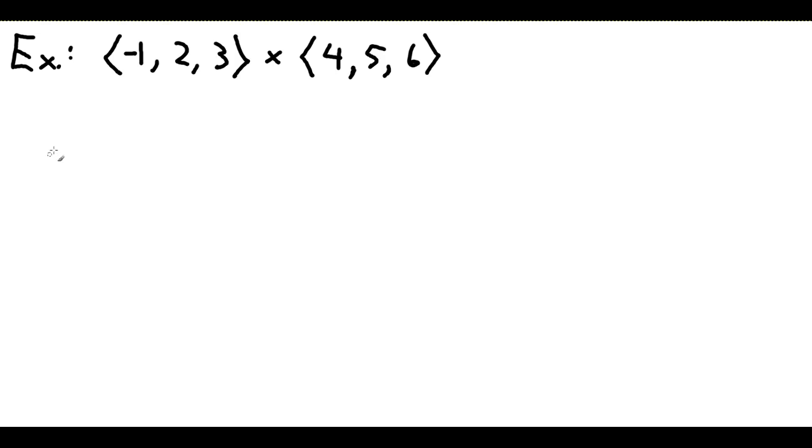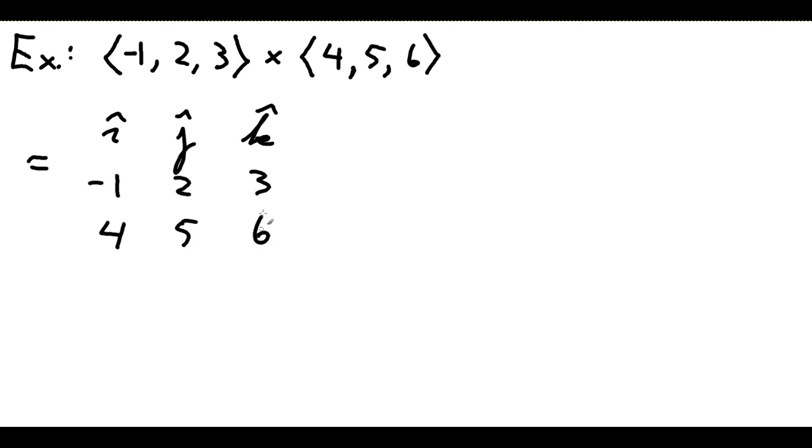If we consider the same problem with the rule of Sarrus, it starts off the same way. We construct the exact same matrix. Then we recopy the first couple columns.